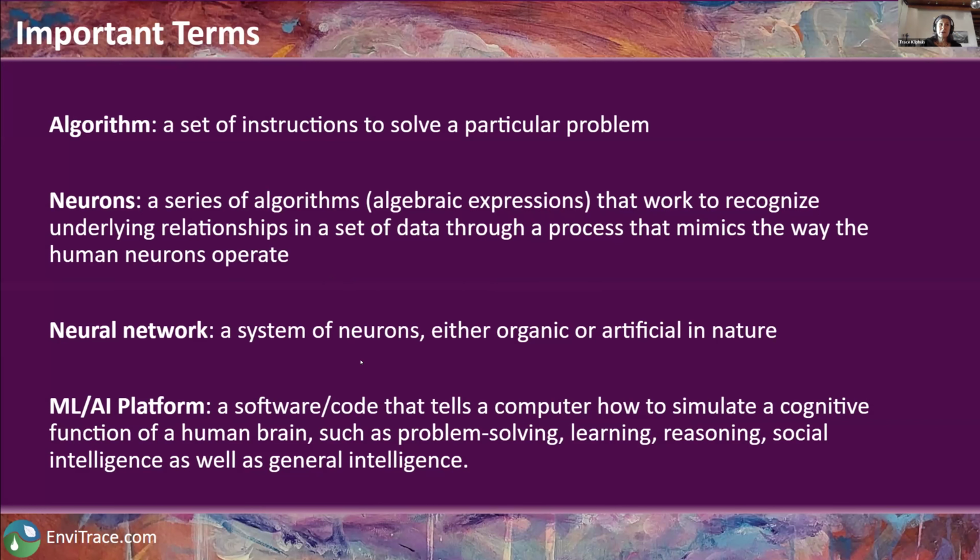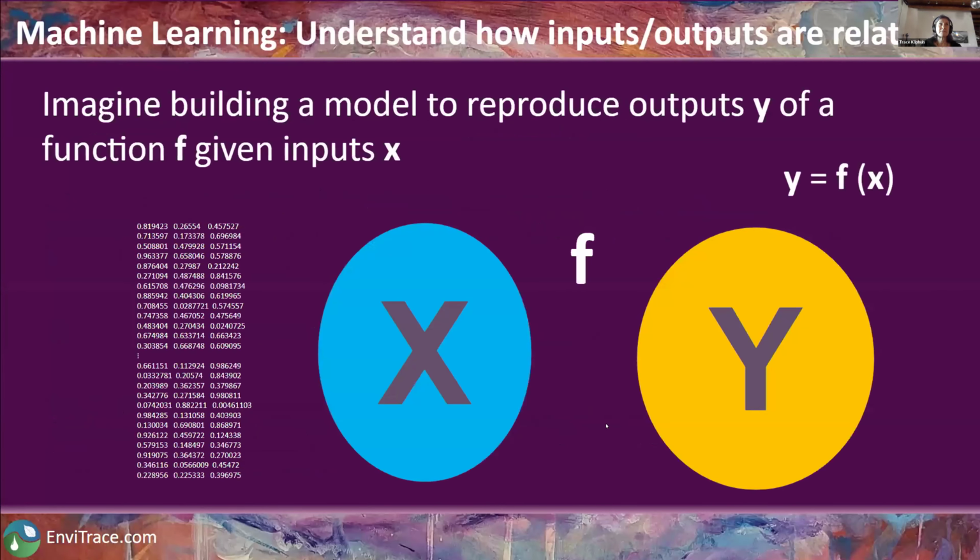A neural network is a system of neurons, either organic or artificial in nature. And a machine learning artificial intelligence platform is a software code that tells a computer how to simulate a cognitive function of a human brain, such as problem solving, learning, reasoning, social intelligence, as well as general intelligence.